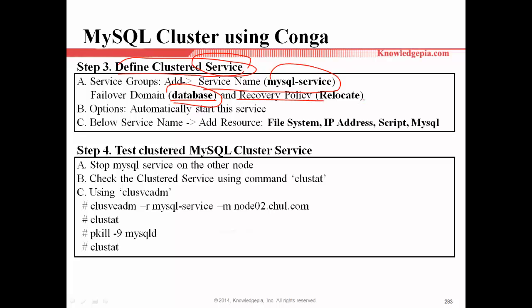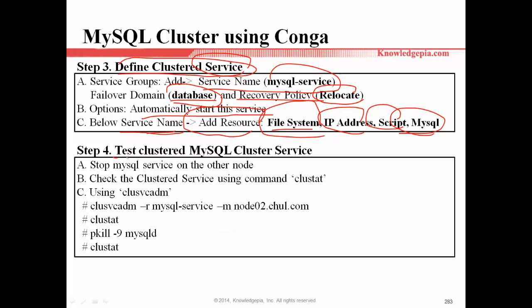And the recovery policy, I will use relocate. And the option to automatically start this service. And after that, below the service name, you can add the resources. I already told you I created the 4 kinds of resources: file system, IP address, script, and MySQL.